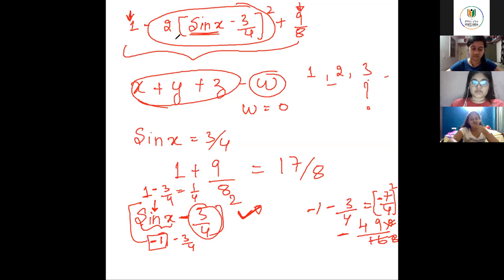Sure. So from the start, Ishana, if you can see, the final answer was 1 minus 2 (sin x minus 3 by 4) whole square plus 9 by 8, correct? So let's start from the starting only.